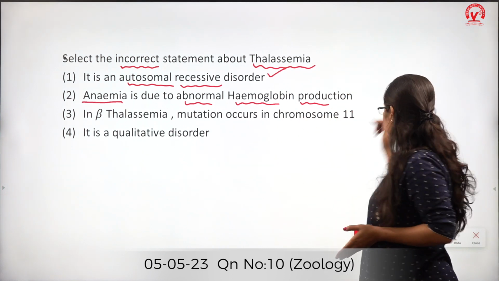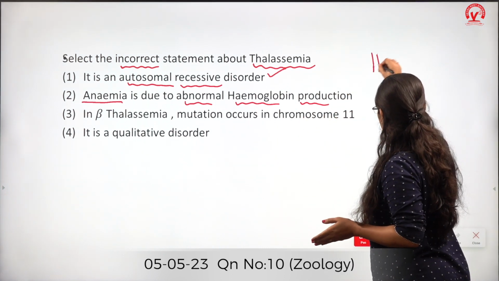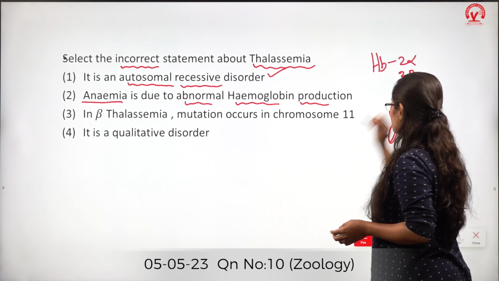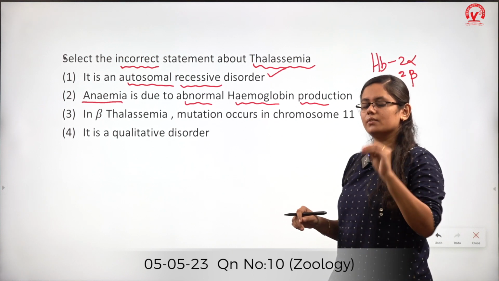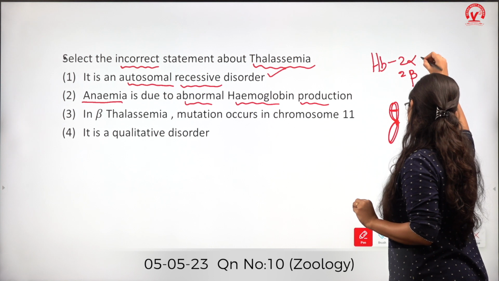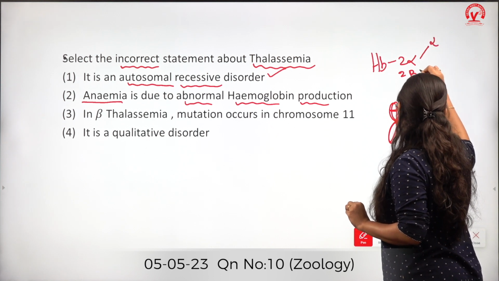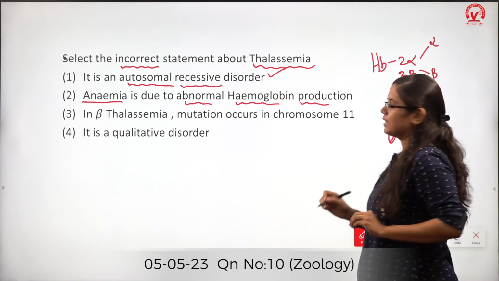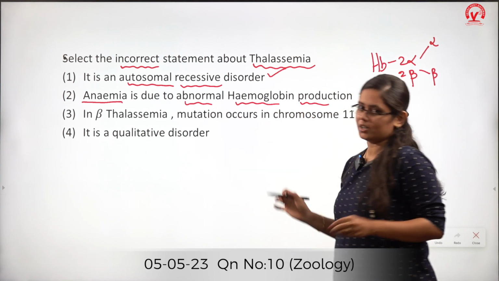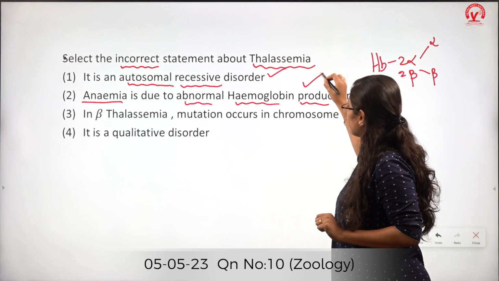We all know that hemoglobin has 2 alpha and 2 beta globin chains. So the production of globin chains will be reduced depending upon which globin is affected. They are classified as alpha thalassemia and beta thalassemia. So anemia occurring due to abnormal hemoglobin production is correct.